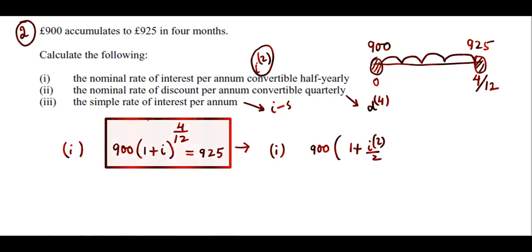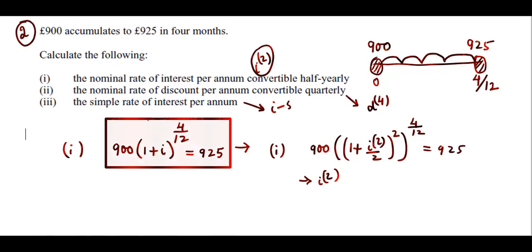Directly, why not I can write here power 2, because if you get power, another power, you need to multiply. That's all. You solve it and you get the 2 into 4 by 12, that's 1 by 3, 2 by 3. You take that side, 900. Then 2 by 3 power, you make it, subtract 1, multiply by 2, you get I2. That's all. It's easy.